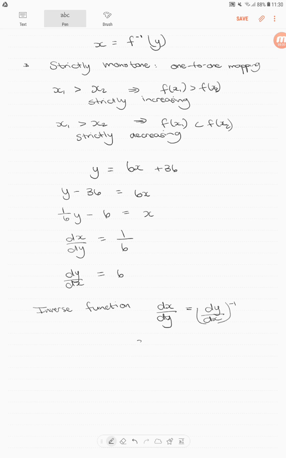Stated differently, dy dx is equal to 1 over dx dy. You can see it from this example. The dx dy is 1 over 6, equal to 6 to the power of minus 1.